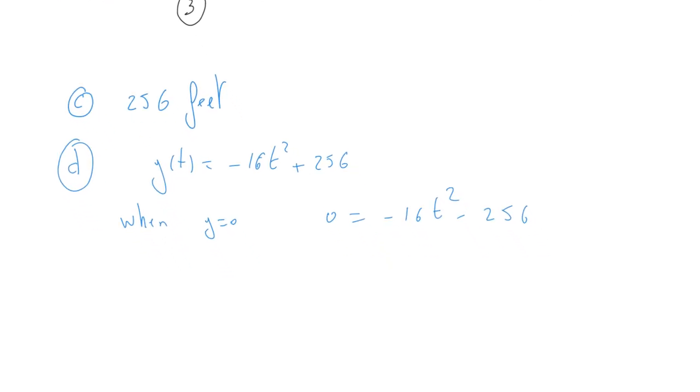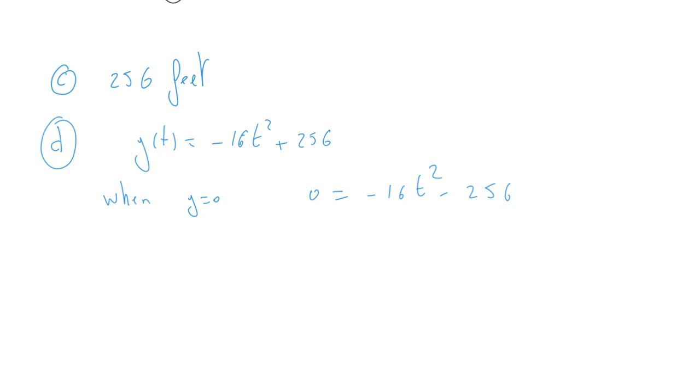So 16t squared will be 256. So t squared will be 256 divided by 16. So t equals plus or minus, but we will choose the positive sign because it's the time after you launch, not before you launch.